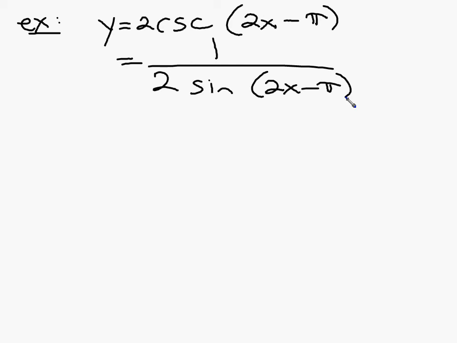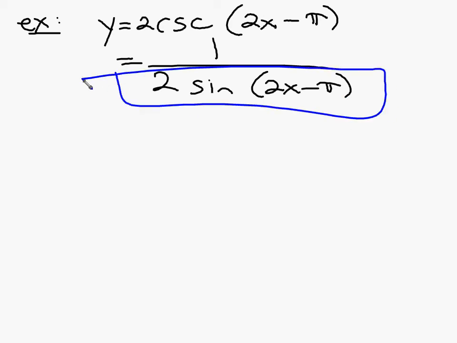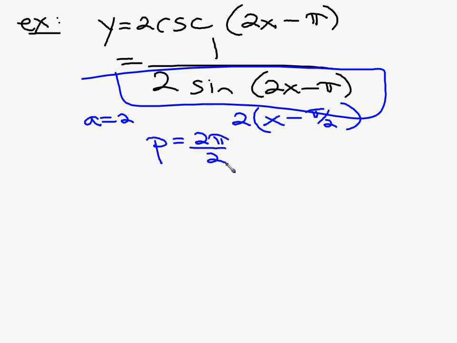So you are going to graph this just like you always would. What is your amplitude? Your amplitude is 2. Your period, I need to factor out a 2: 2 times x minus pi halves. So my period would be, for this one, 2 pi divided by 2. It would be pi.